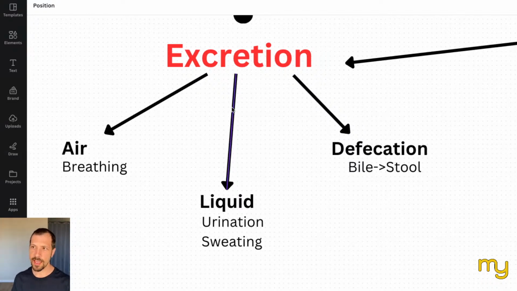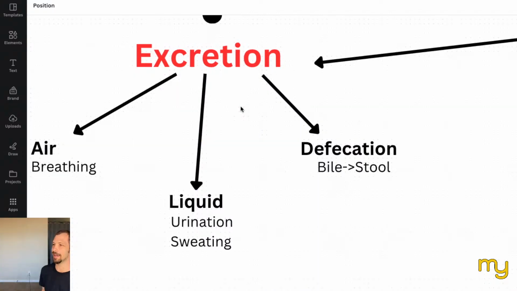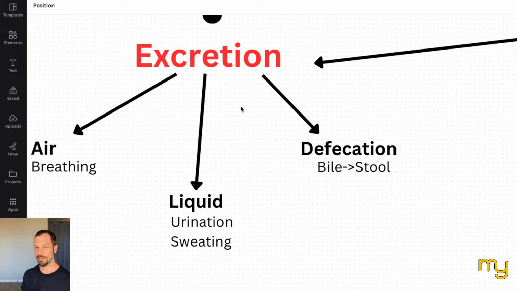Lastly, we have defecation. Now, defecation is a huge problem because of the standard American diet, which promotes a low fiber diet and a diet that does not allow you to pass stools efficiently. What is really important for passing stools is your bile excretion.